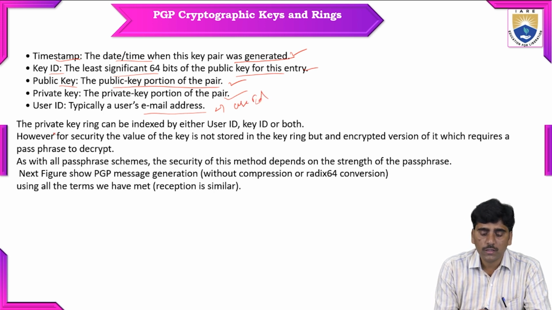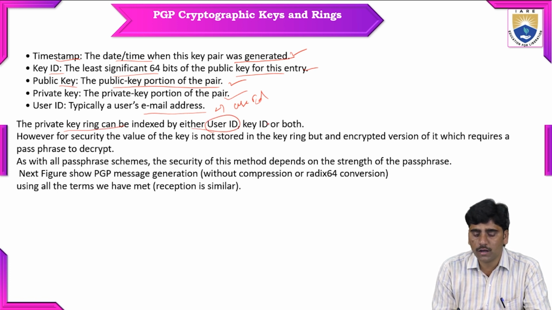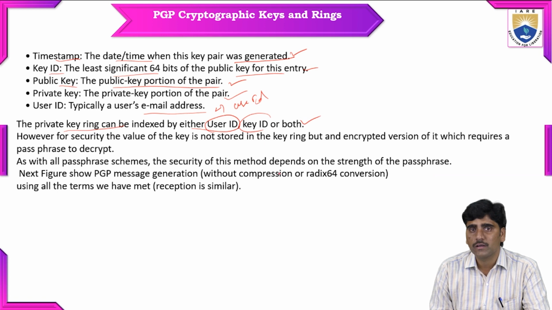So here, the private keyring can be indexed by either user ID, key ID, or both.